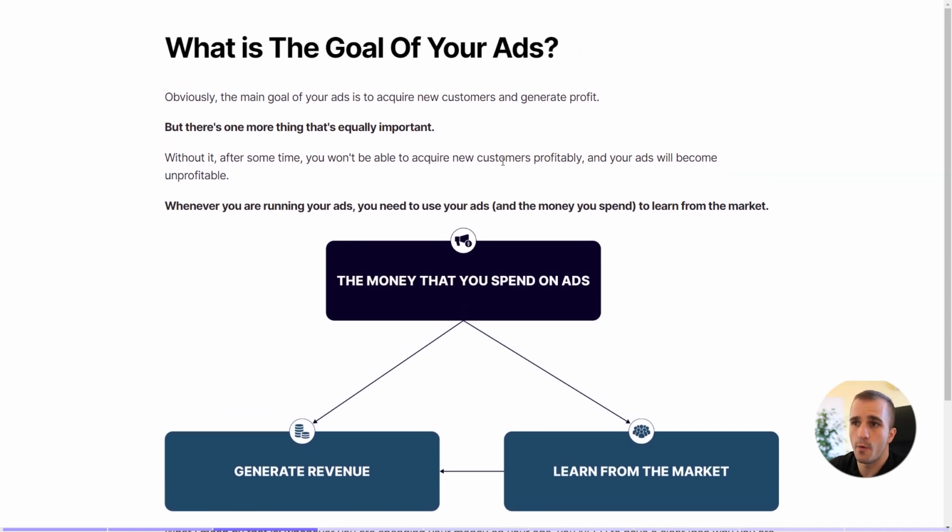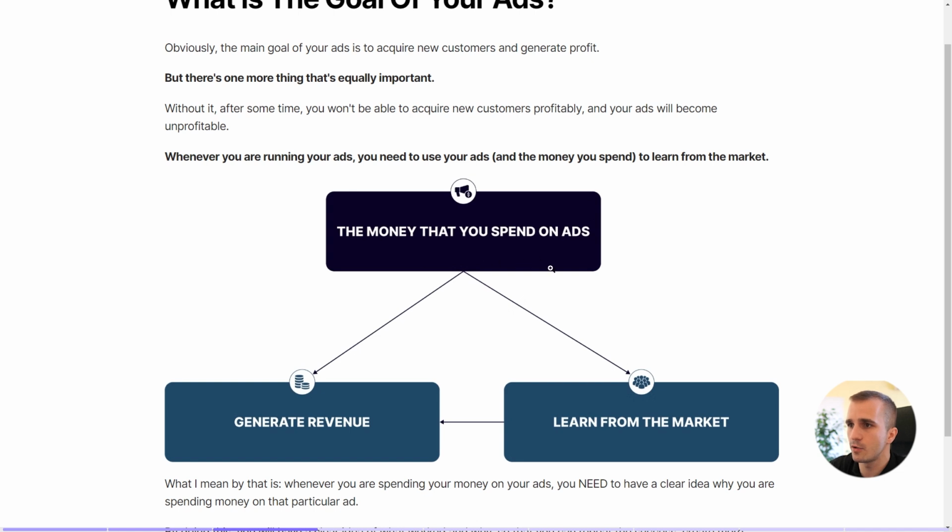So here's the thing. Whenever you are running your ads, and this is super important, you need to use your ads and the money that you spend on your ads to learn from the market. So this is the graph that I have just designed. So the money that you spend on that, you should generate the revenue with it, which is most probably what you're already doing. And you should also at the same time learn from that market and learn from these ads that you push.